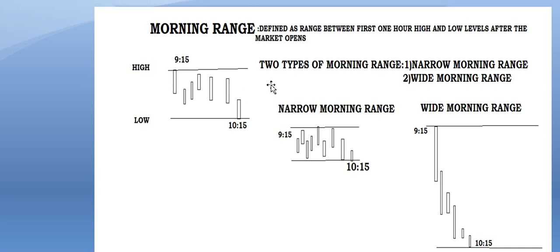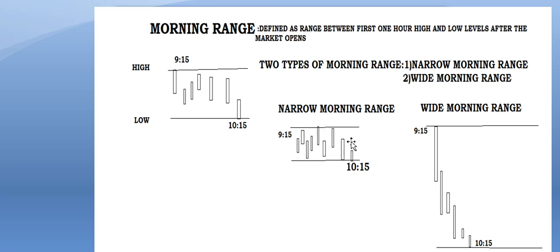Now there are two types of morning range, so that if you know these ranges, you can design your trade according to the situation. The two types are narrow morning range and wide morning range. Narrow morning range looks like this, 9:15 to 10:15. It's more or less like consolidation.